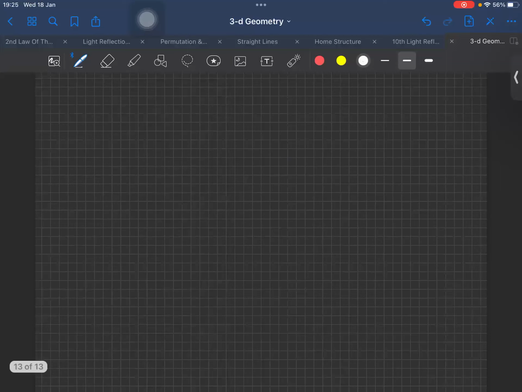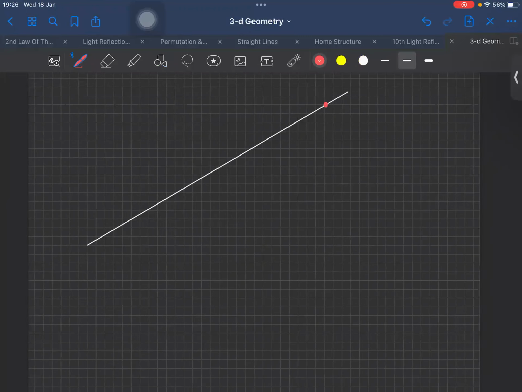So how do you find it? When do we say 3 points are collinear? Let's say there are 3 points in the same plane.